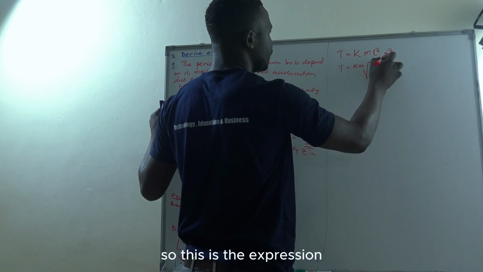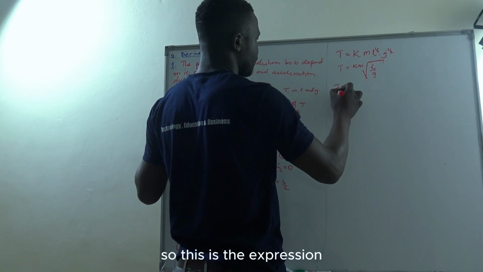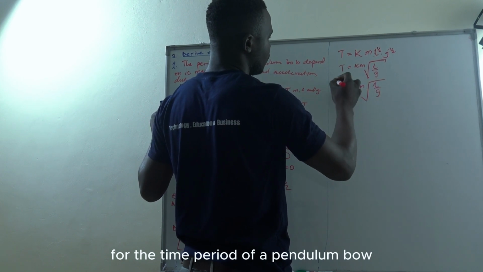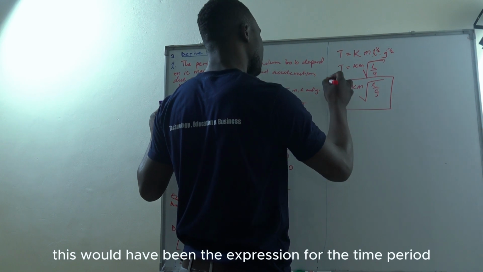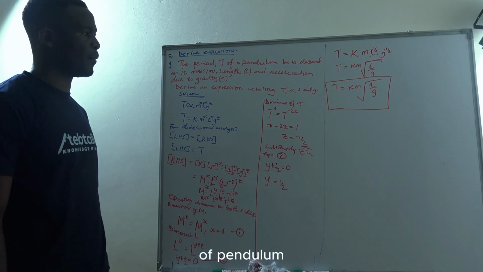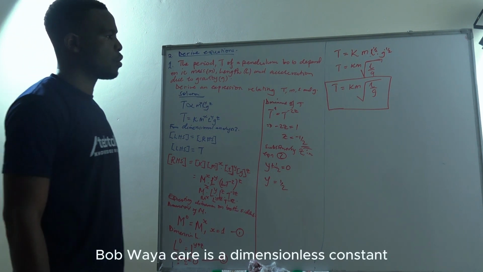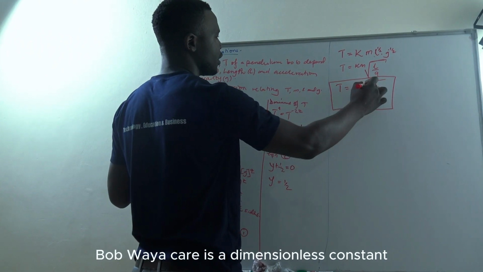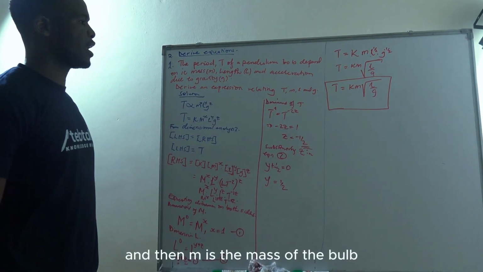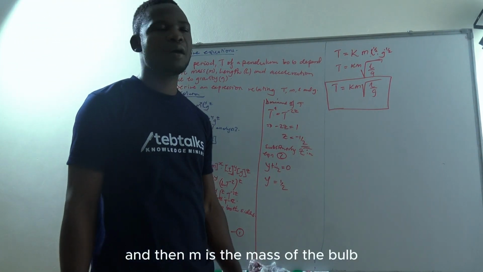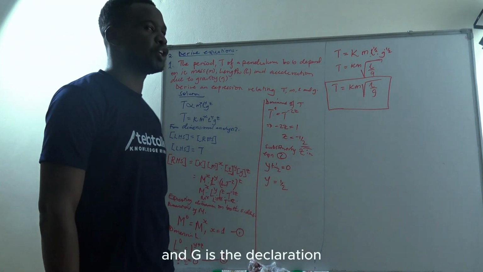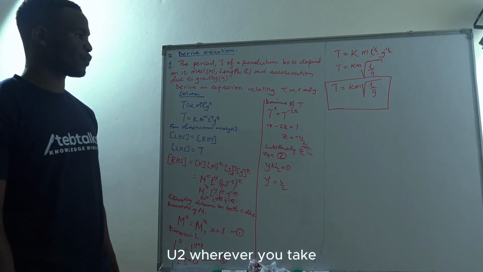So this is the expression for the time period of a pendulum bob, where k is a dimensionless constant that can be gotten experimentally, m is the mass of the bob, l is the length of the bob, and g is the acceleration due to gravity.